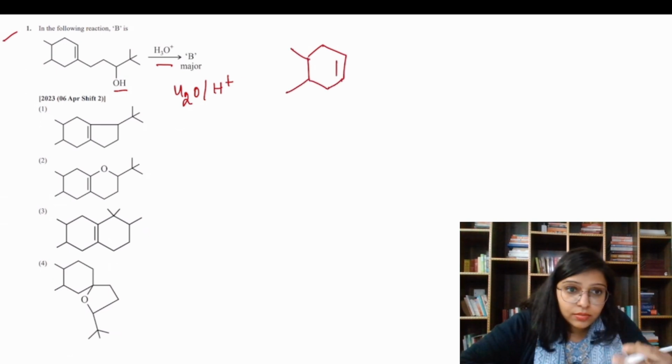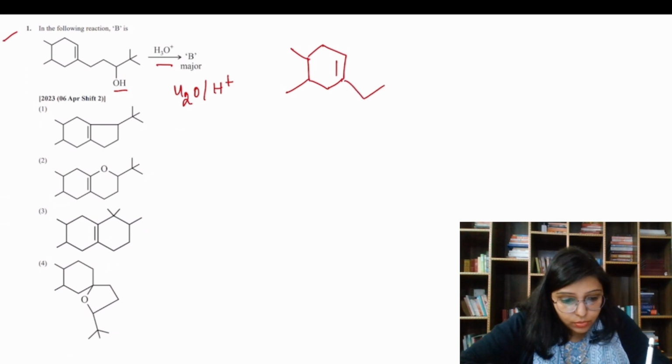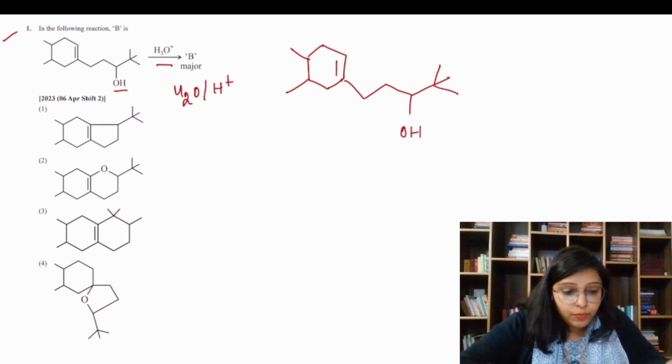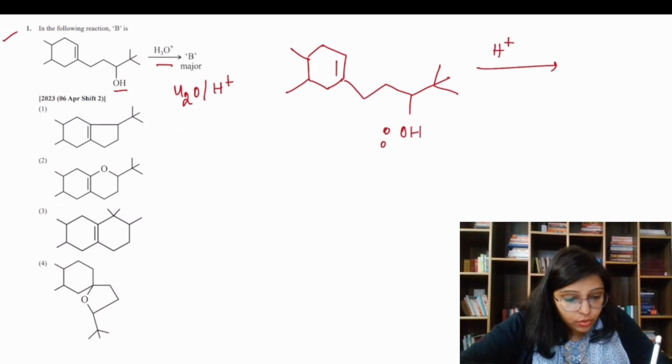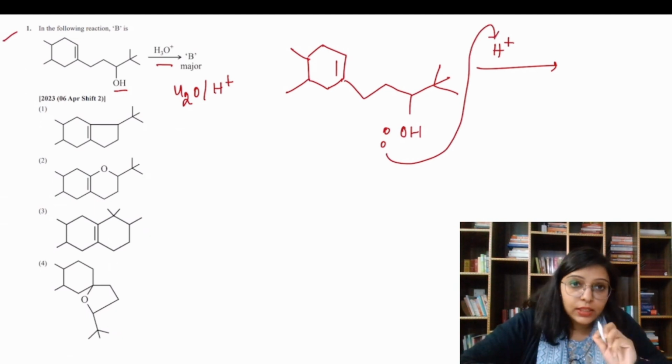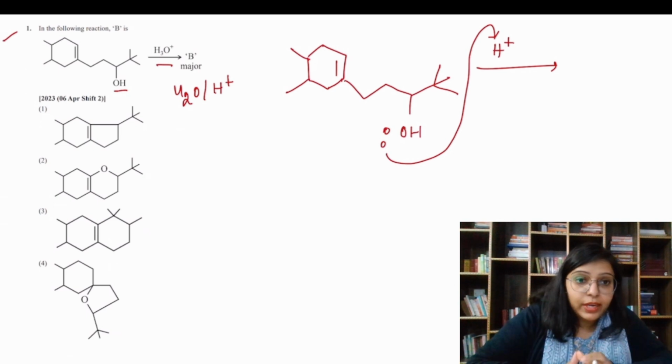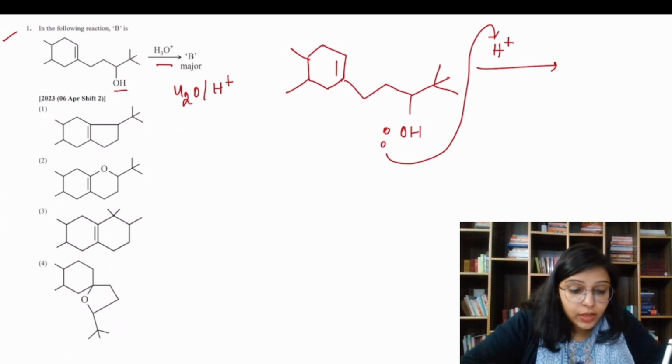So let's do first step. So in the first step what happens? We have H plus. So oxygen lone pair takes H plus. These curved arrow movement is going to be from more electron density to less electron density. So oxygen we have lone pair, so more electron density.